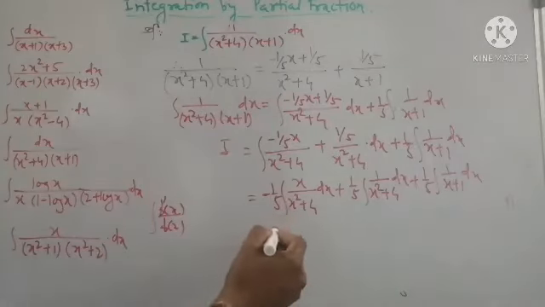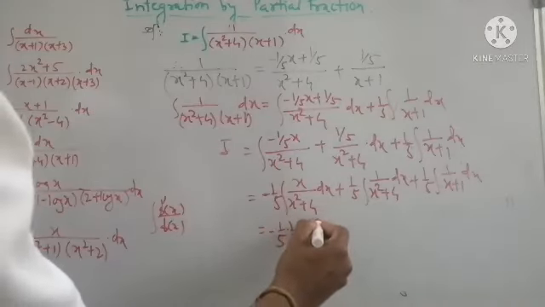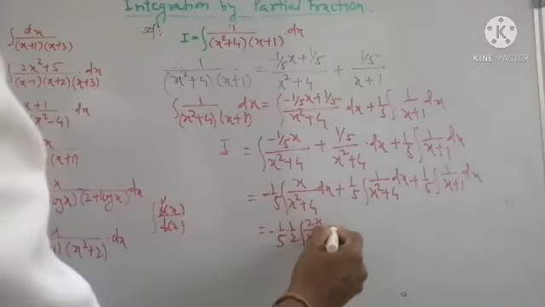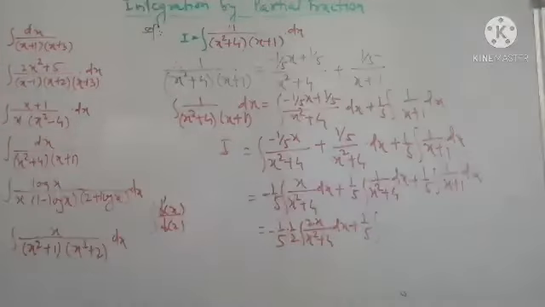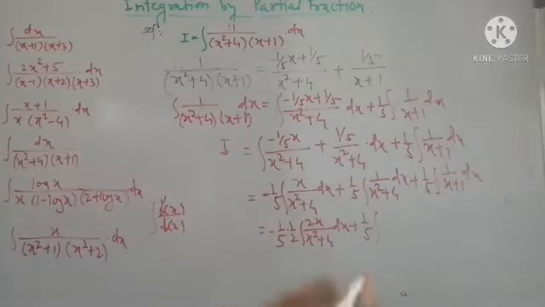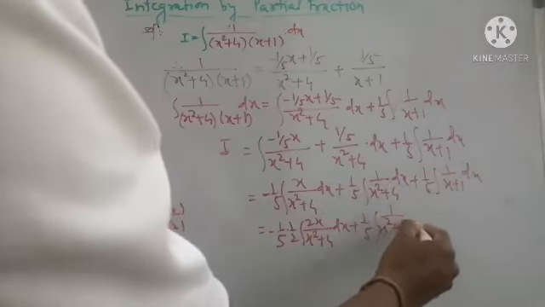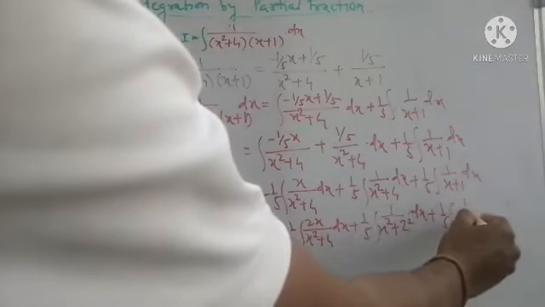So to adjust 2 in the numerator we take 1/2 outside the integration, and in the integration we get 2x in the numerator divided by x square plus 4 dx, plus 1/5 into integration. As this is again a proper fraction with the numerator and denominator a quadratic term of x, this is a radical form. As the coefficient of x square is 1, we take the constant in square form. So 1 upon x square plus 4 is the square of 2, dx, and plus 1/5 integration of 1 upon x plus 1 dx.